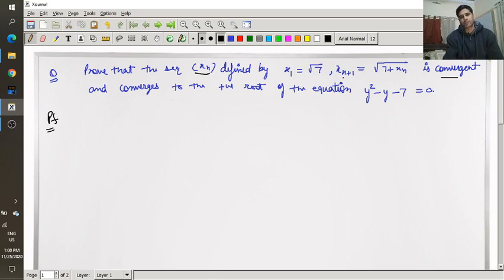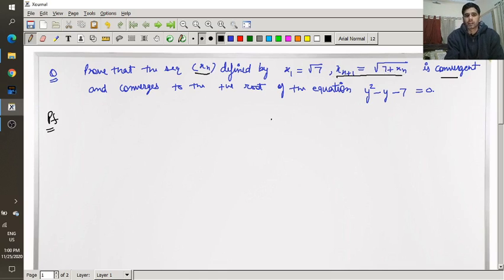So here the sequence is given in terms of some recurrence relation, right? So let us prove whether this sequence is convergent or not. Now we have an intuition that x2 will be root of 7 plus some positive value.